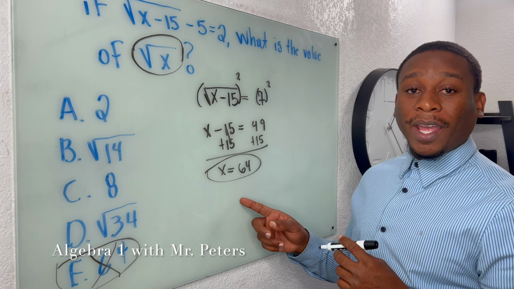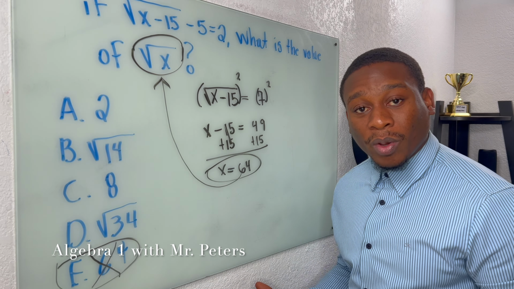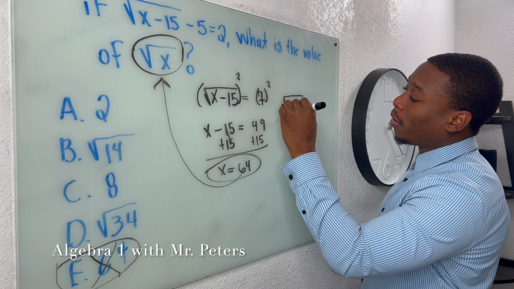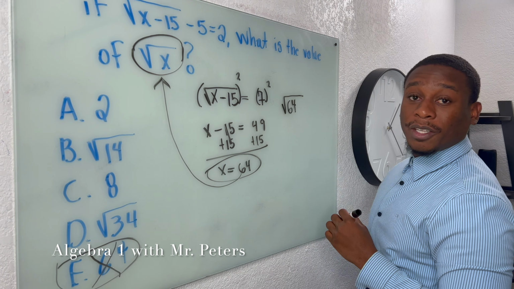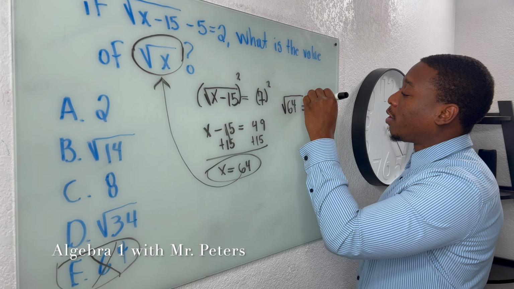After we figure out what x is, it tells us to put it up under that radical, and if we could simplify, simplify. So when we think about it, right, the square root of 64, we could simplify that to get an answer of 8. And my actual answer, oops, not B, my bad, guys. The actual answer should be C, 8.